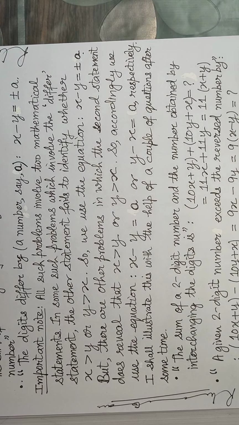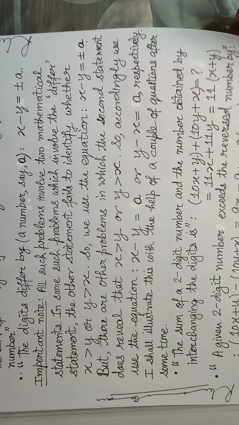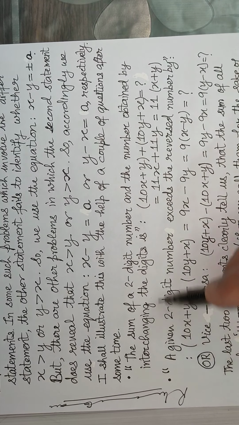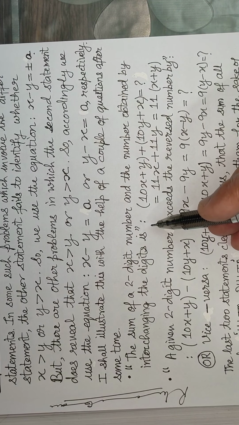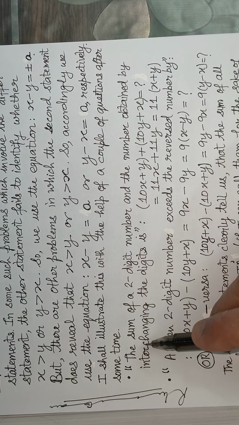The other kind of statements that we can encounter in these questions is the sum of a two-digit number and the number obtained by interchanging the digits. So we have already dealt with these phrases.